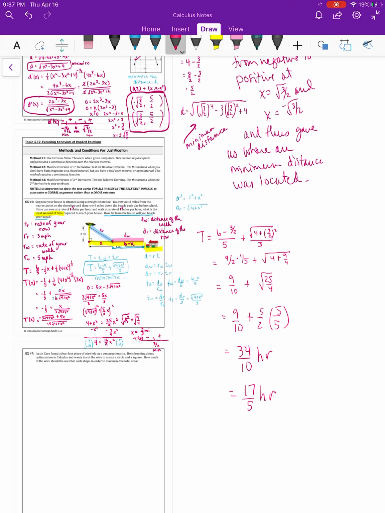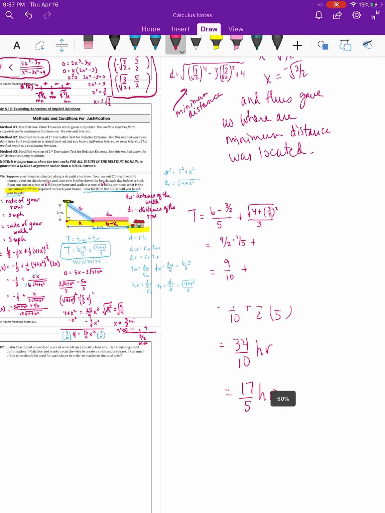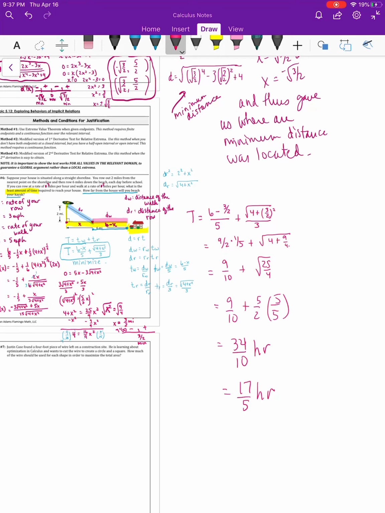Let me make sure I did that right. 12 minus 3 is 9 halves, and division by 5 is multiplication by 1 over 5, so 9 times 1 over 2 times 5. This would be 9/4, so this would be 16 plus 9 is 25/4. Square root of 25 is 5, square root of 4 is 2. 2 times 5 is 10. So 17/5 of an hour.